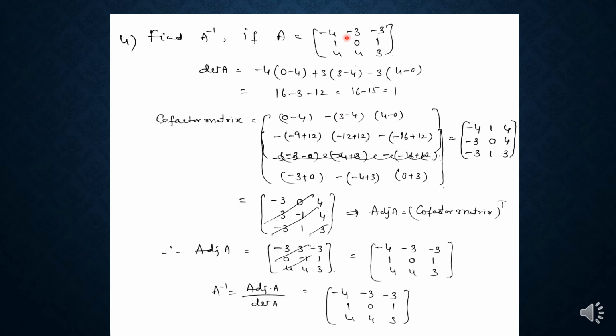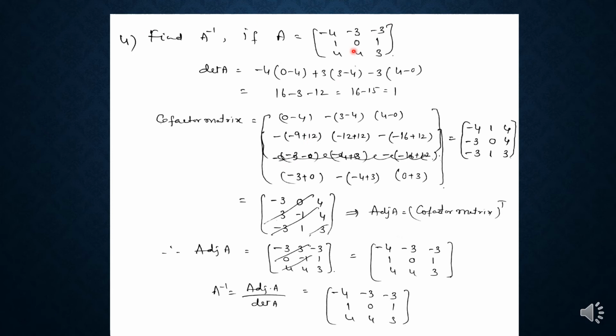Now coming to the second row elements. So what is the cofactor of the element 1? So the minus of, by deleting this column and row, we will get -3, -3, 4, 3, that is 3 into -3 minus 9, 4 minus of -12, that is +12.